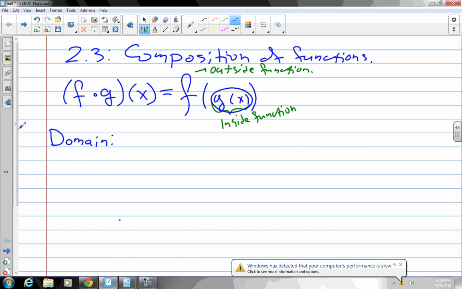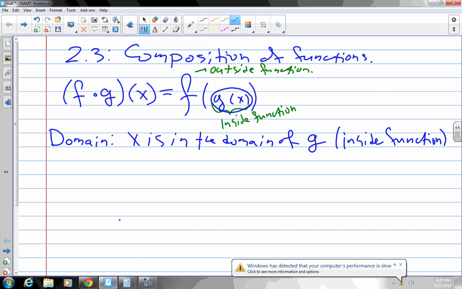So g also has to produce values that f is okay with. Oh yeah, that's fun. So there are 2 layers of domainness of these functions. So anyway, first of all, x is in the domain of g, the inside function. And g of x is in the domain of f.